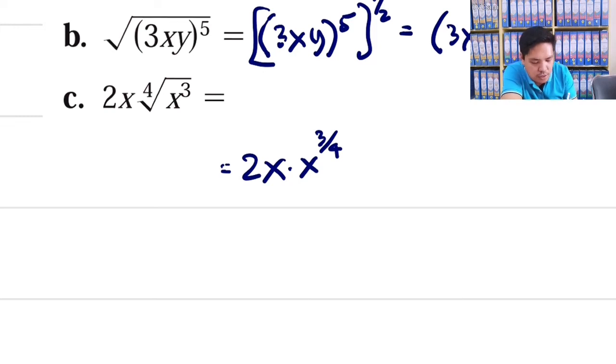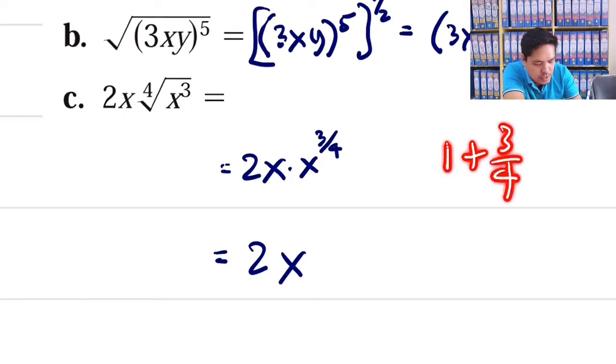Since the base is the same, we just need to add the exponents. So that's 2 times x raised to what? The result of 1 plus 3/4. There's a 1 here, so we add the exponents 1 plus 3/4.